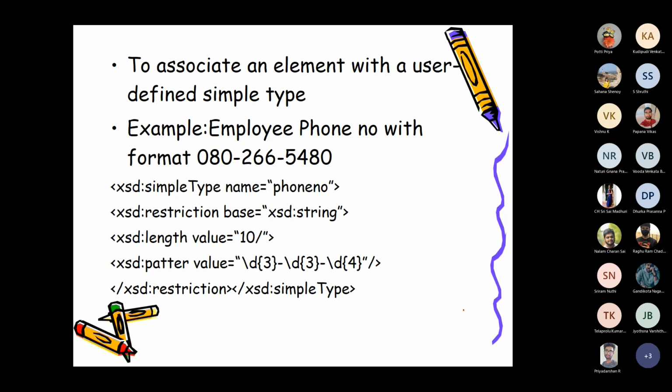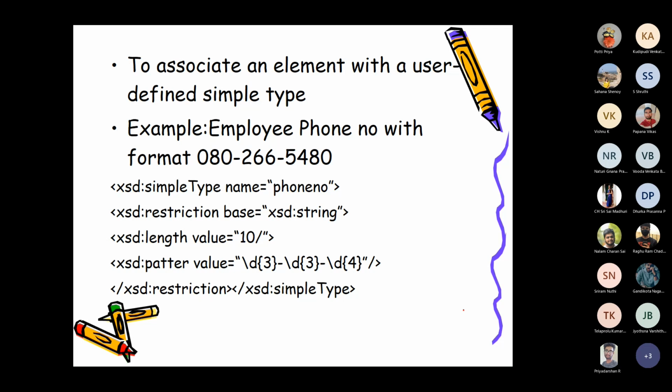In that case, you can see I'm declaring something called XSD simple type. Now what I have done is, I'm not declaring an element, rather I'm defining a data type which is referred to as phone number. Now in my element declarations, I will be using this phone number as the type.